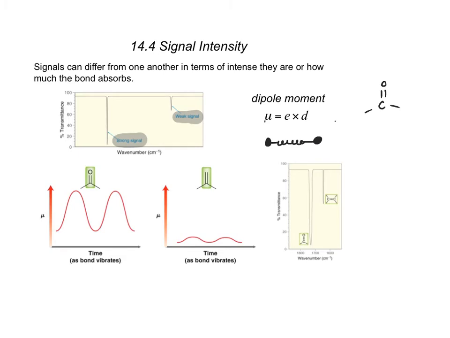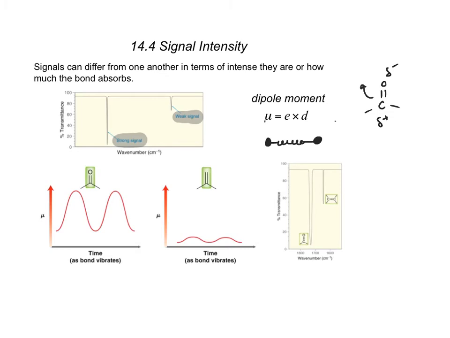What else can you tell me about this carbon-oxygen double bond? Is this a polar bond? Is there a large difference in electronegativity? Yes, oxygen's fairly electronegative, so we get a large charge separation where oxygen takes a lot of those electrons towards itself, leaving carbon with a partial positive charge.